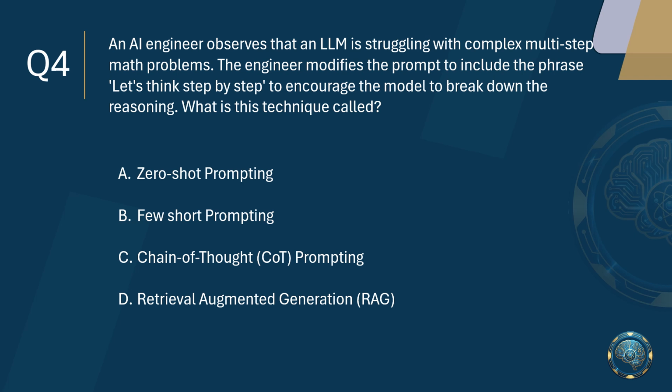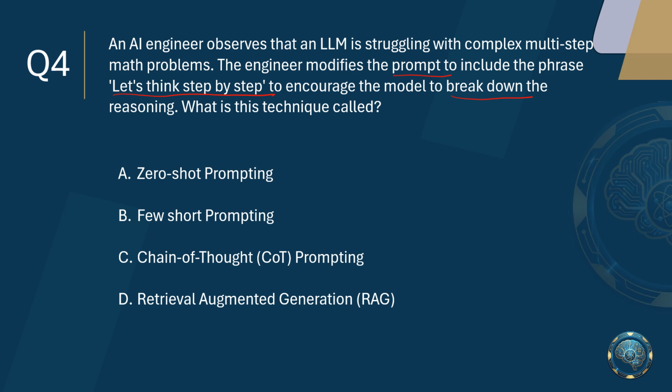The engineer modifies the prompt to include the phrase let's think step by step, so, which is a keyword for us. Let's think step by step to encourage the model to break down the reasoning. What is the technique called? It's already mentioned, it's a prompt.